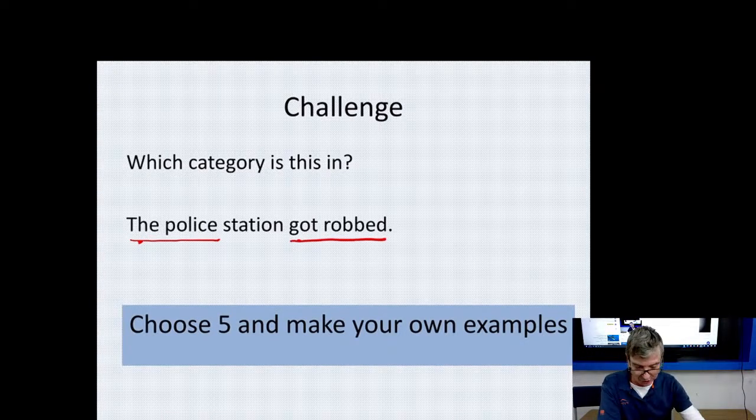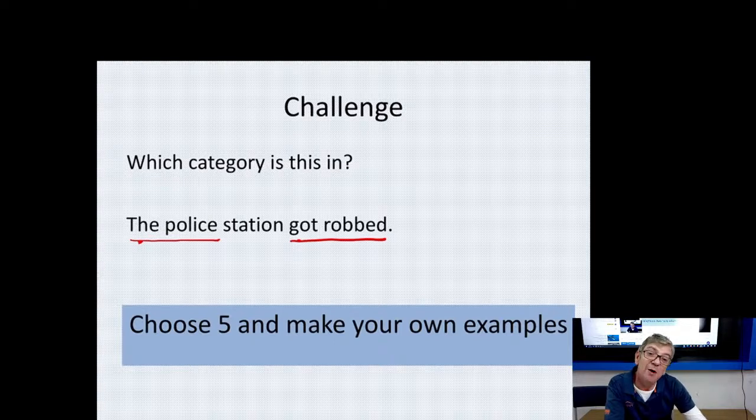So I want you to choose 5 categories, and then make your own examples. So don't just go to Google and search the first one, but I'll send you a Google form that you can put your words in. If you're unsure of a definition or how to explain it, look it up, but then explain it in your own words.